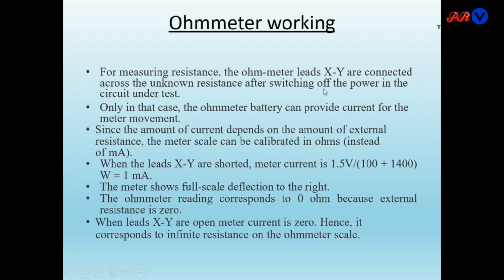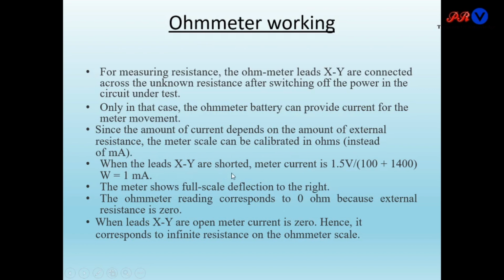So when we switch off the power supply in our board, only then our ohm meter battery provides the current for the meter movement. Since the amount of current depends on the amount of external resistance, the meter scale can be calibrated in ohms instead of milliampere. So we have to calibrate our scale in terms of the resistance, not in terms of current.